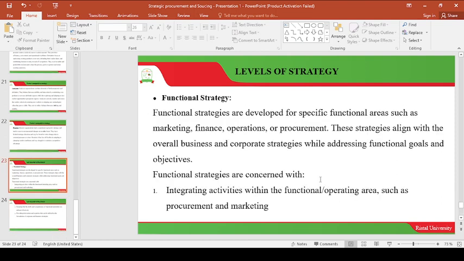I said organizations should integrate departments like the procurement department with its strategies such that they can achieve the set objective at the end, because the organization needs supplies or external services or works.